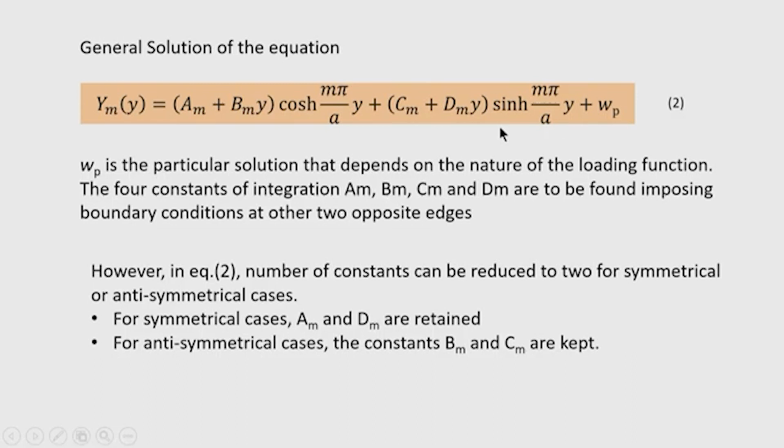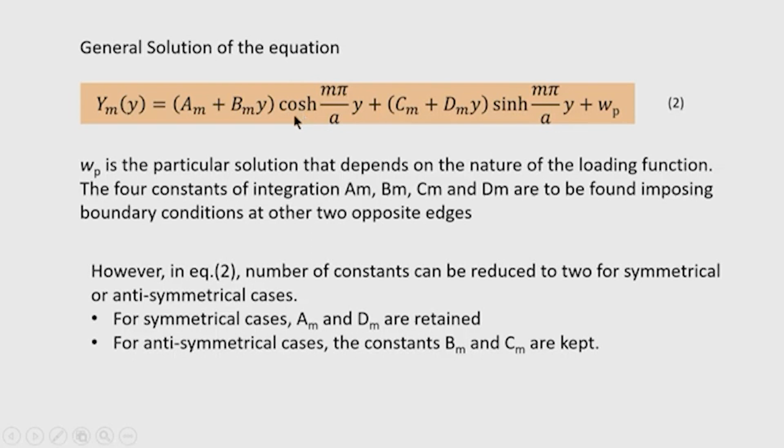And if antisymmetry exists in respect of loading, that means on one side the loading is plus q, on the other side the loading is minus q, and it varies linearly with 0 value at the center, then it is an antisymmetric loading. In the case of antisymmetric loading, we can take only the antisymmetric terms. Here, y cosh(mπy/a) is antisymmetric, because y is an antisymmetric function and cosh(mπy/a) is an even, or symmetric, function.